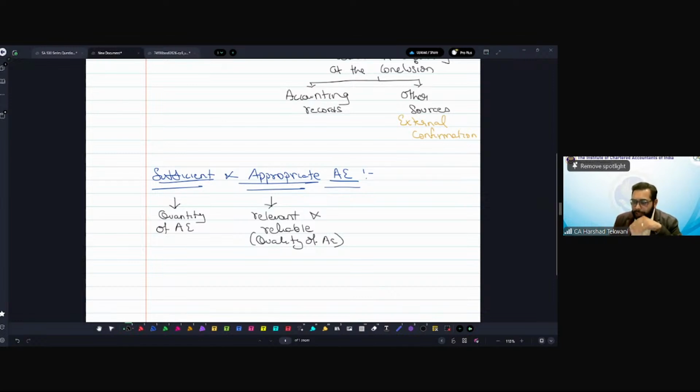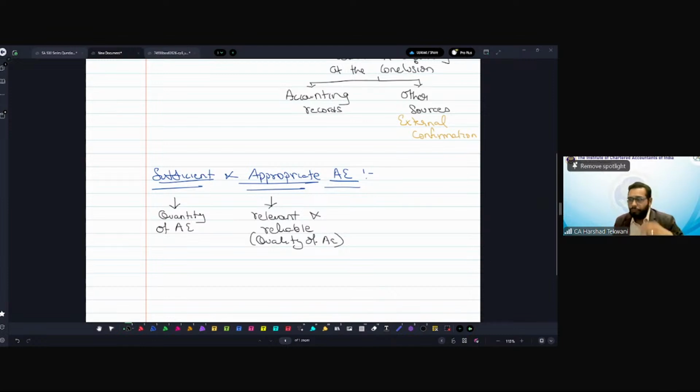There are multiple types of procedures that we perform during the audit, which may include inspection, observation, external confirmation, recalculation, reperformance, analytical procedures, including inquiry. You get a different kind of evidence from each procedure. When you perform a combination of the procedures, you get some audit evidence, and you need to understand whether that evidence is relevant or reliable or not.